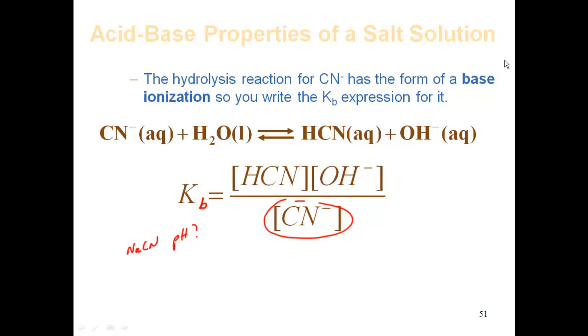We're saying that the cyanide undergoes hydrolysis, so what I need is the Kb of the cyanide ion. Most likely what you're going to be given in the problem is the conjugate acid of that, which would be the Ka of HCN, because it's a molecular species. I can't use the Ka, I've got to use the Kb, so you're going to have to take that value of Ka and convert it into Kb and do the problem.